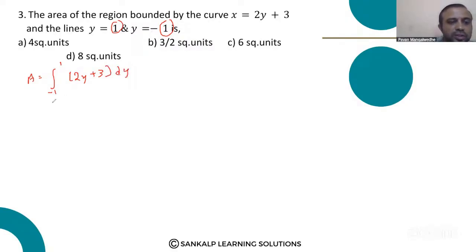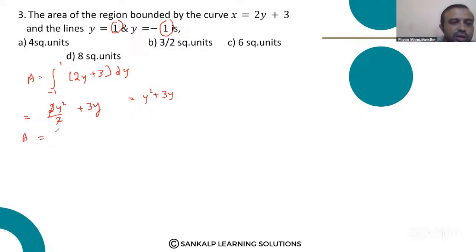Then integrating the equation, 2y will become 2y square by 2 plus 3y with respect to y, which is y square plus 3y, because the 2 and 2 got cancelled.